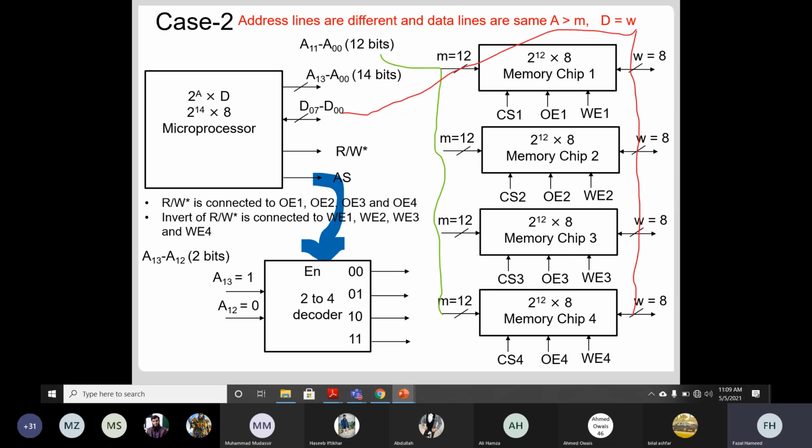When the enable of a decoder is 0, all the output lines of the decoder will be 0. When enable is 1, it depends on the input. If it's 00, the first signal will be enabled. If it's 01, the second will be enabled, 10, the third will be enabled, and 11, the fourth will be enabled.